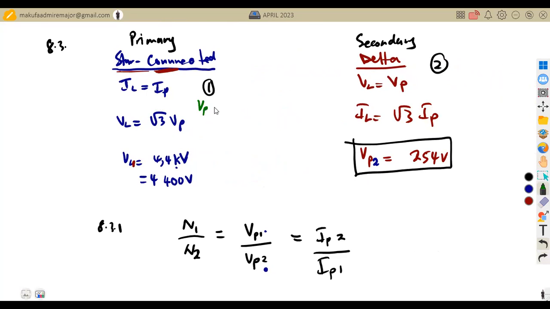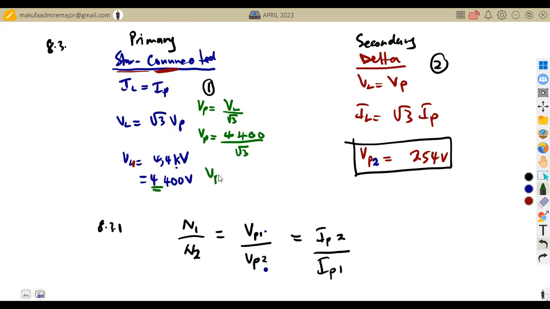That means the phase voltage is the line voltage over the square root of 3. We have our line voltage of 4.4 times 10 to the exponent of 3, which is 4,400, over the square root of 3.